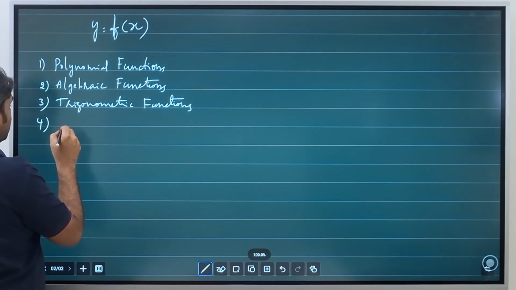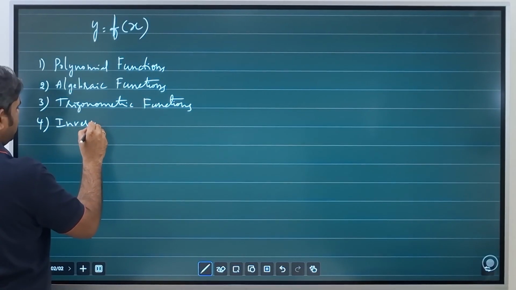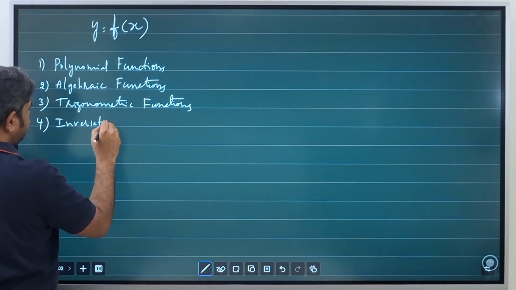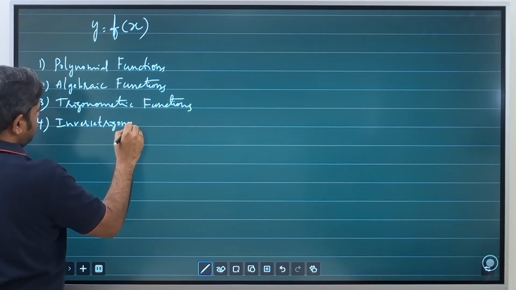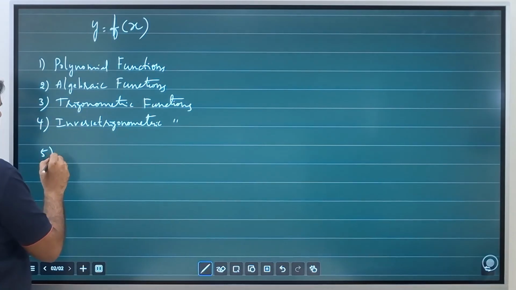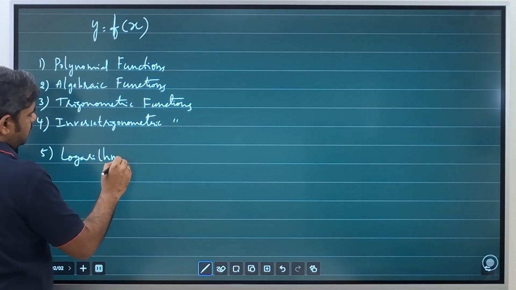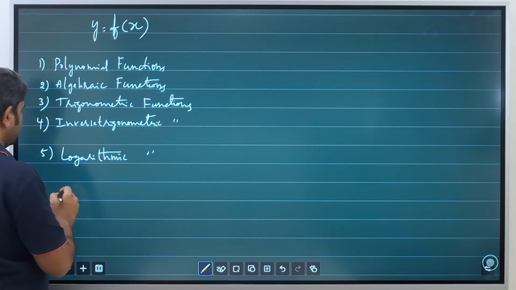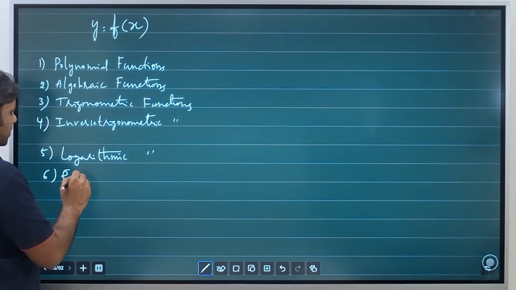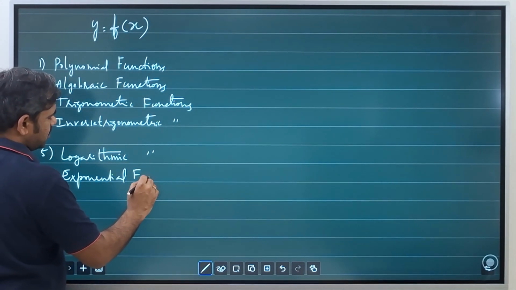You will know what inverse trigonometric functions mean later. Logarithmic functions. And exponential function. These are some of the varieties of functions that we come across.